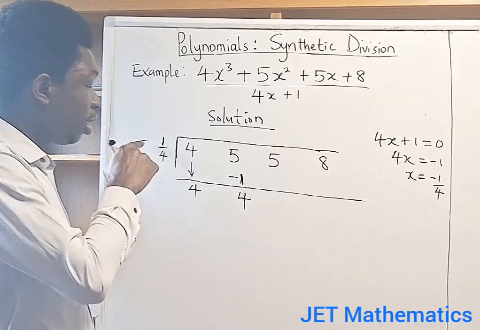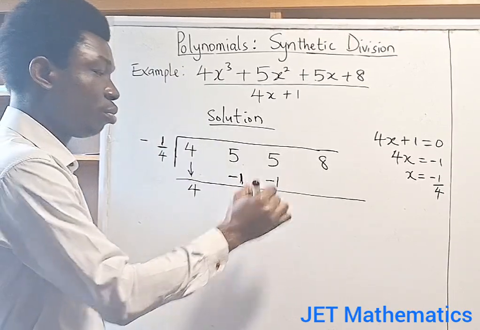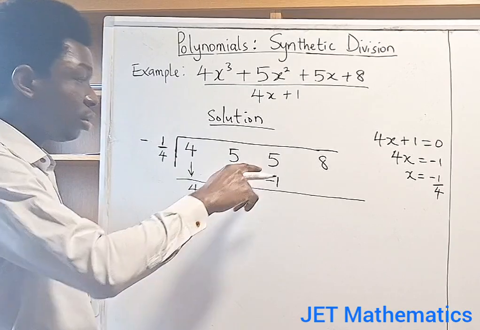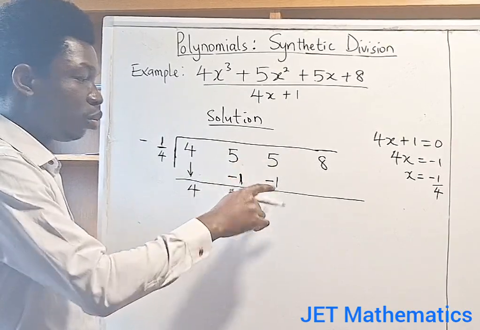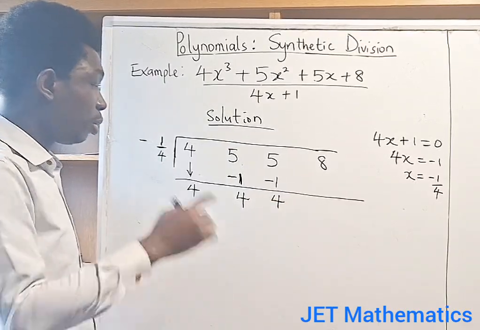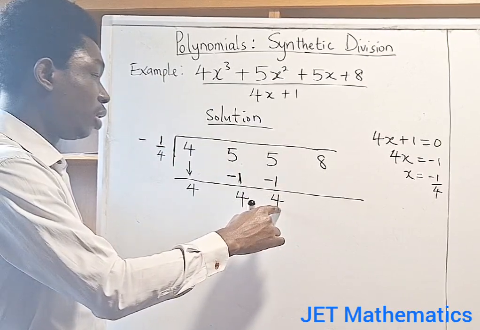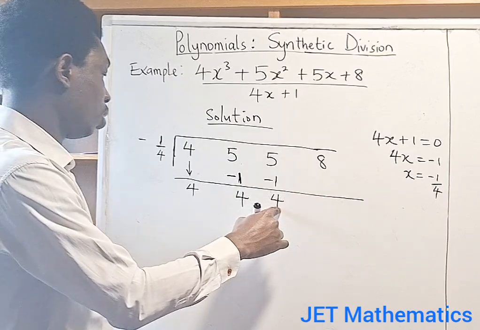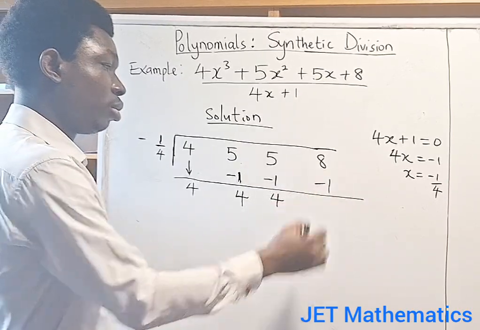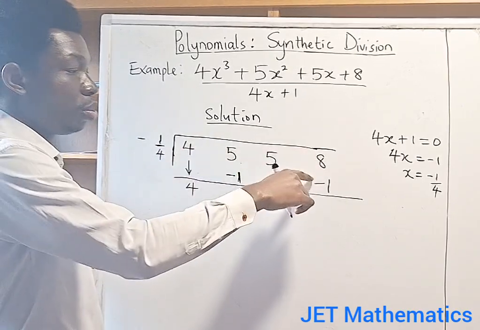Then you multiply again. Minus 1 over 4 times 4. That gives us again minus 1. Then 5 plus minus 1. That gives us again 4. You multiply again. Minus 1 over 4 times 4. That gives us minus 1. Okay? Then 8 plus minus 1.